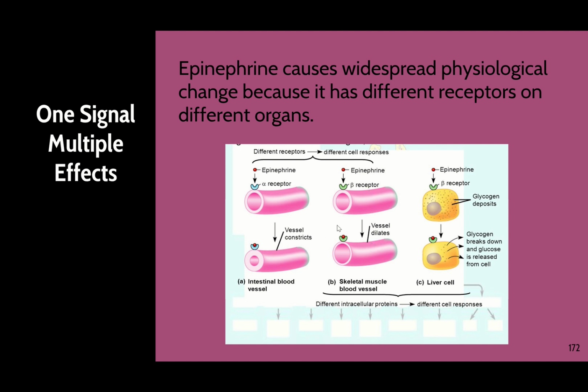So the same molecule can induce completely opposite responses depending on what receptor is found on those particular cells and structures. This was a really big breakthrough for researchers that were studying the transduction of long-distance hormones.